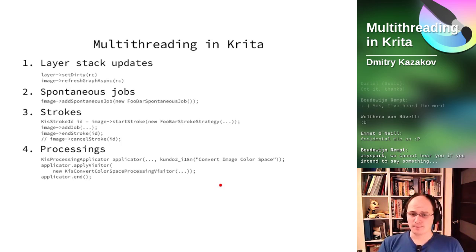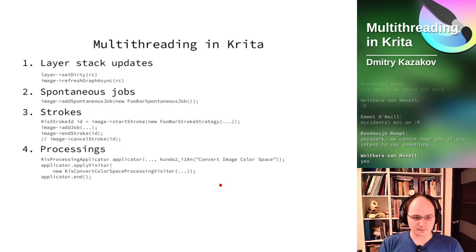For example, on this slide, it's pseudocode for the convert image color space action. You just create a visitor. I hope everyone knows about the visitor design pattern. It's a special class that can process different kinds of layers. So basically, the visitor knows how to process paint layer, generator layer, clone layer, vector layers, and so on.